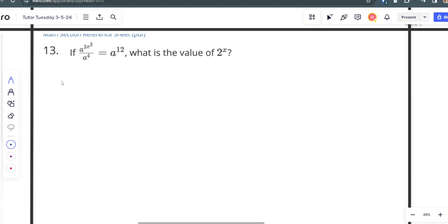So this next question, the exponent question, it says a to the power of 2x cubed over a to the fourth is equal to a to the 12th. What is the value of 2 to the power x? Well, we can use the exponent rules here.